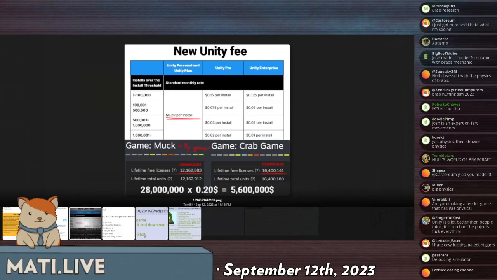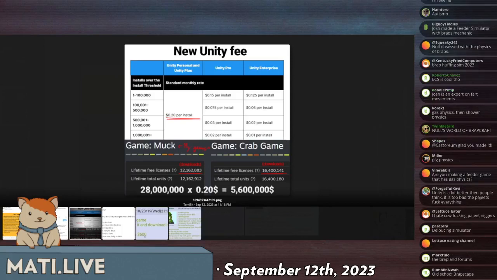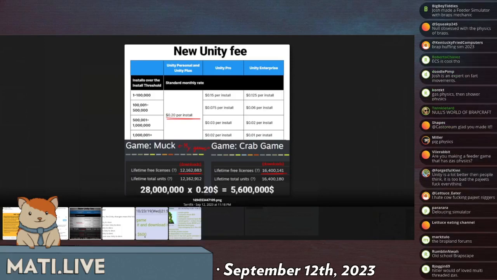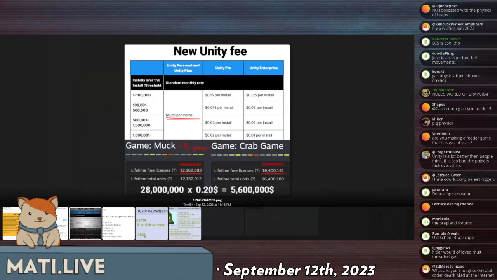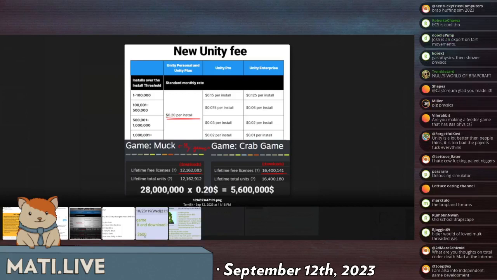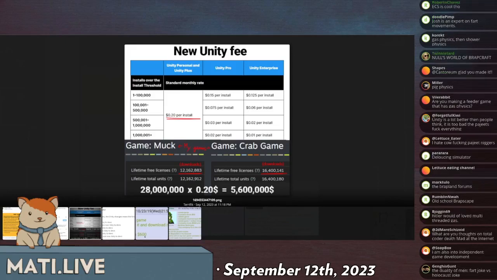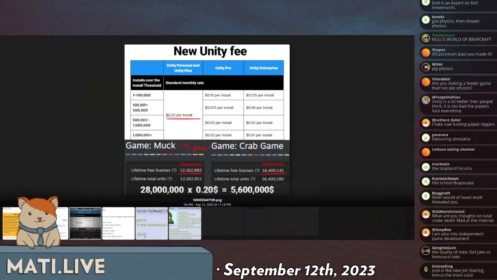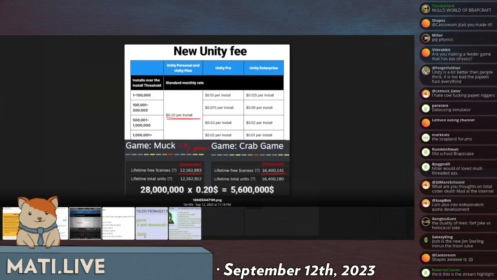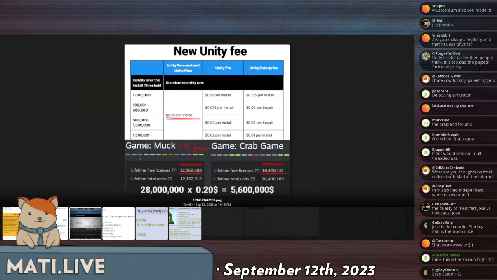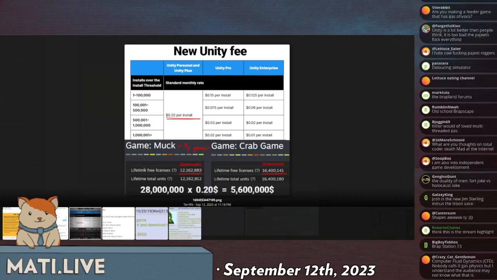I'm going to get the Unity Pro license right now, and then you and your buddy are paying $2,000 a year for a license that you're not even going to use. You're never going to launch your game. Statistically speaking, you're not going to launch your game. You're going to be a no dev forever, but you are going to be paying Unity $2,000 every year that you try to pretend that you're going to launch your game. And I just see it as exploitative of people who have aspirations, and it's bullshit.